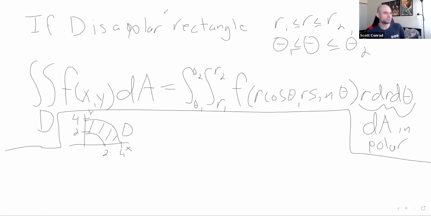Suppose that's our D. And let's evaluate the integral over this region D of the function x plus y with respect to area.